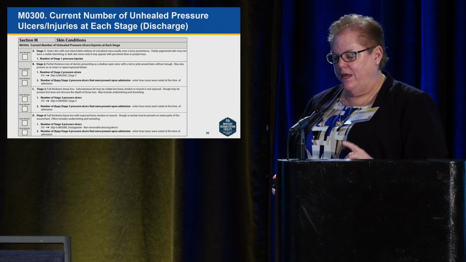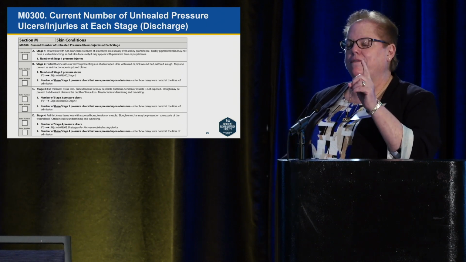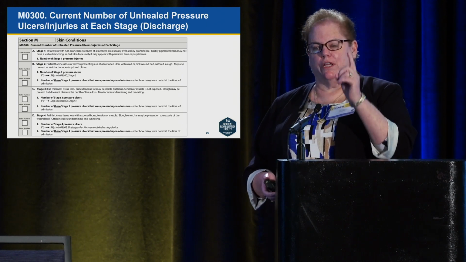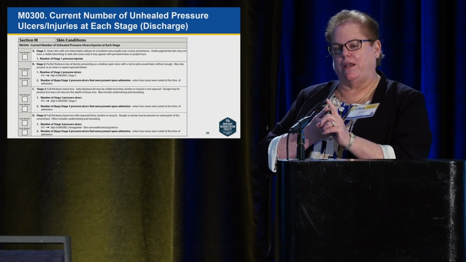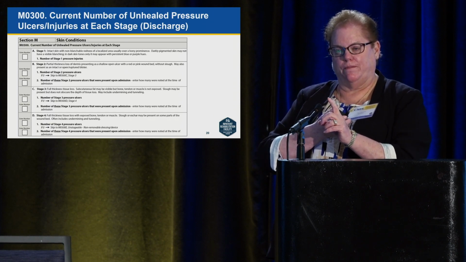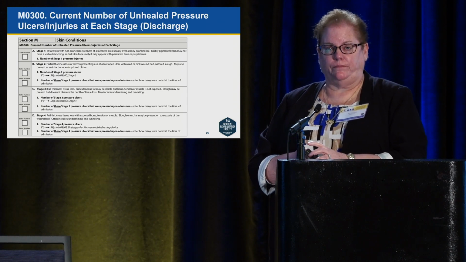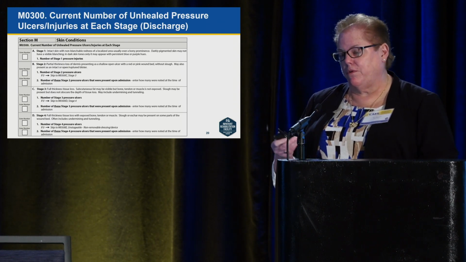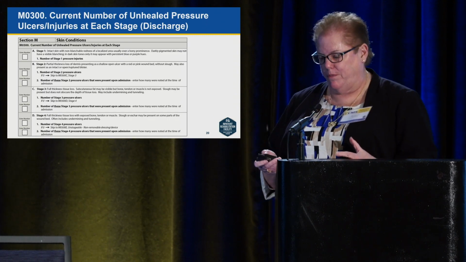Then the next question is, of that 1 stage 3 pressure ulcer that you have today at discharge, how was it present upon admission? Did you have a stage 3 pressure ulcer on admission? And if you don't, you answer 0. All right, and we're going to go through a bunch of scenarios. I think this is probably the area that people struggle the most with.